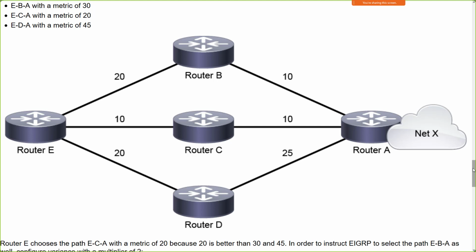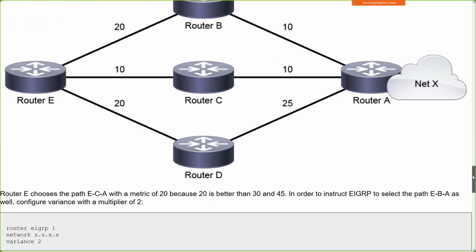The reported distance from router D is 25. 25 is higher than 20. The reported distance of the path through router D is higher than the feasible distance of my successor path, which means that the path through router D does not meet the feasibility condition. Even though it might fall within the variance, it cannot be used because we don't know if that is a loop-free alternate path. We haven't guaranteed that because of the metric.